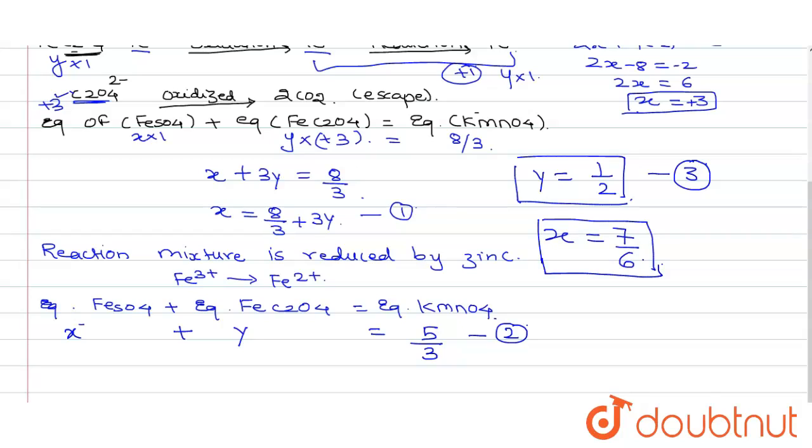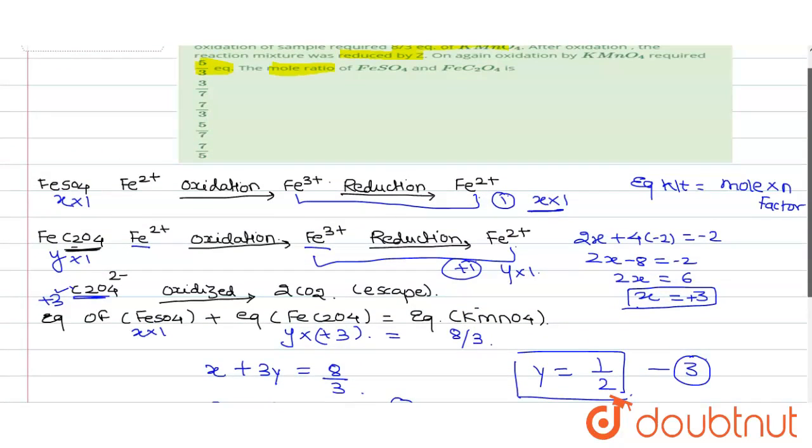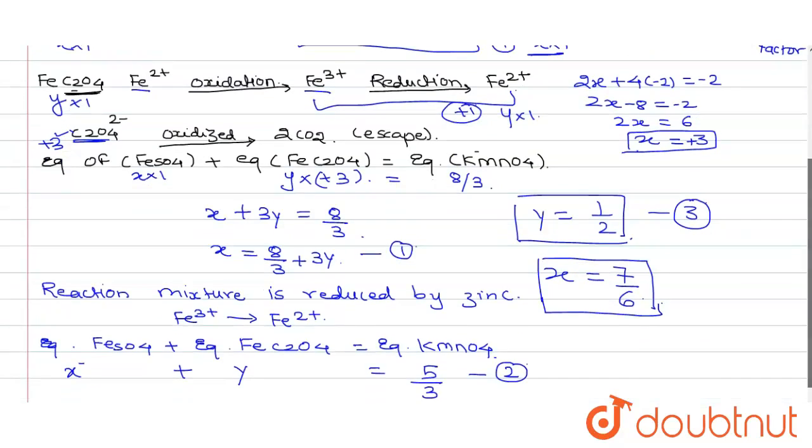Now, in the question they are asking for the mole ratio of FeSO4 and FeC2O4. These x and y are nothing but moles of FeSO4 and FeC2O4, so we'll take the ratio of these two, and x upon y is equal to 7 upon 3.